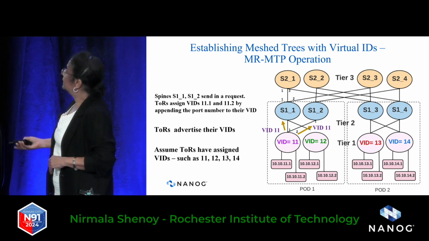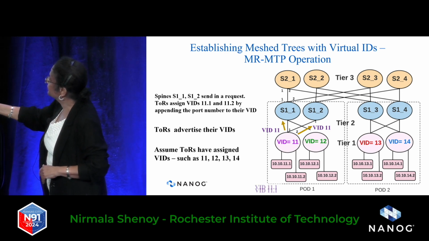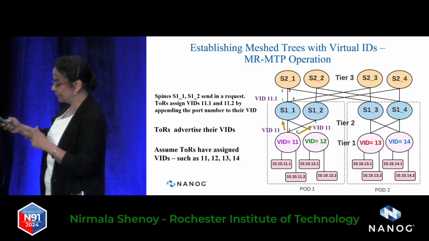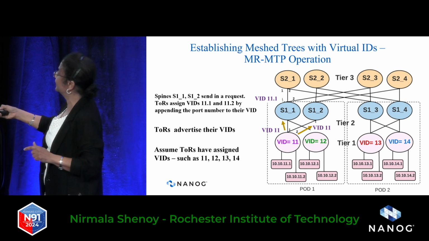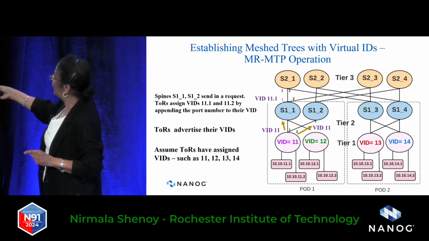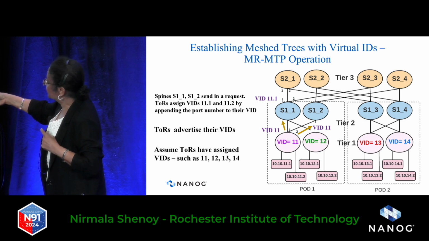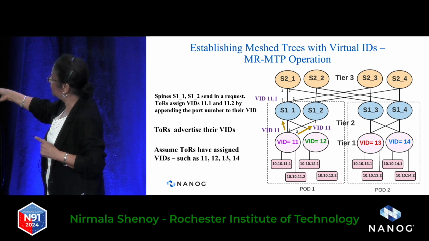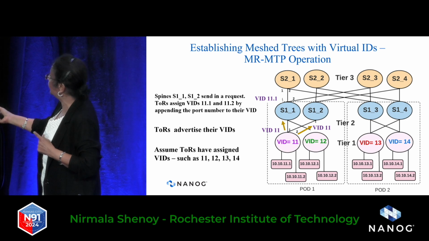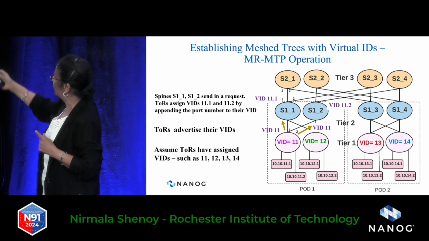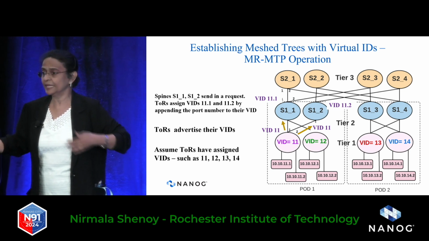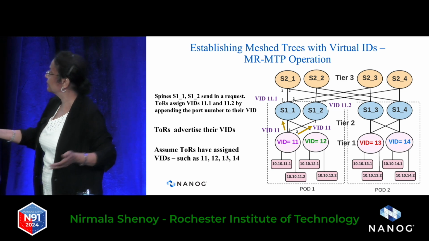So the TOR will assign a VID 11.1 to S11 because it takes its VID, appends the port on which it got the request, and assigns it to S11. And similarly, it will do it to S12. So you see these 2 spines have got unique VIDs now. That's how you establish unique paths, right?